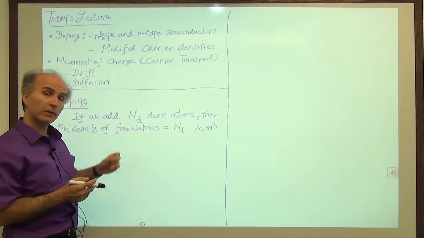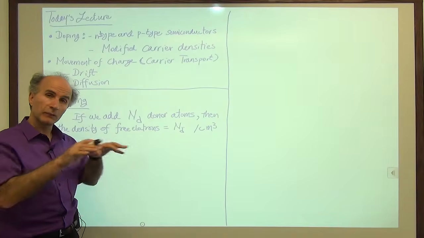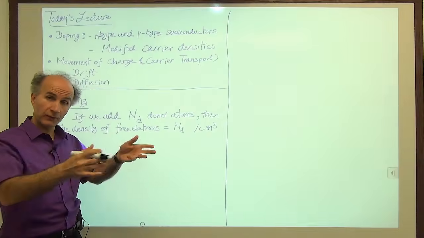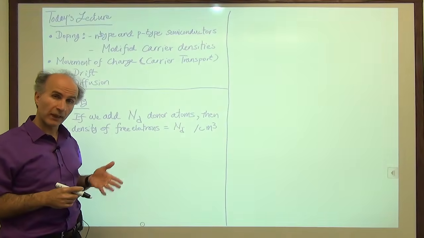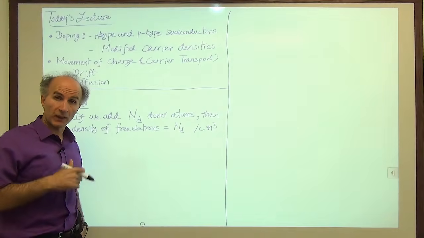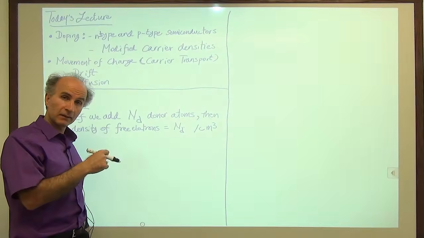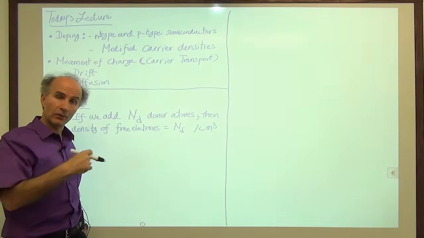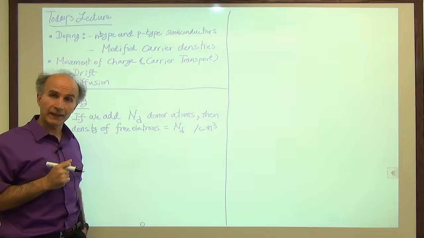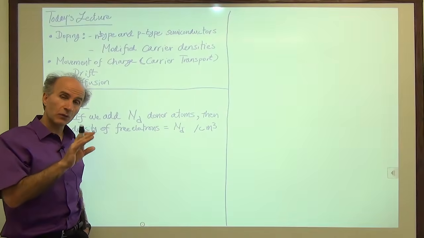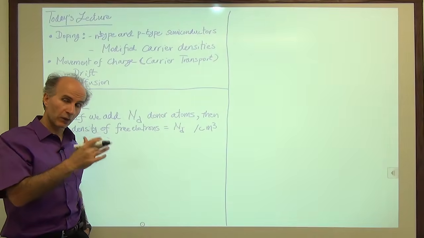Now, is that true here? We add some donor atoms, so we have lots of free electrons. What happens to the holes? Do they stay the same as pure silicon? Do they go up or do they go down?